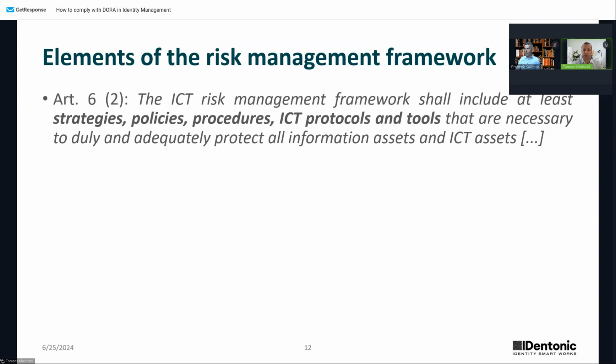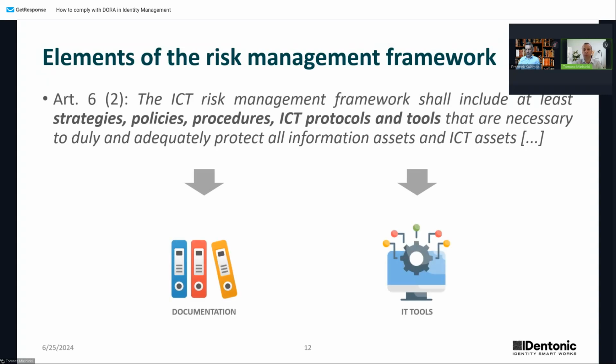These are the things that should be used by an entity to manage the risk, to create the risk management framework. But if we take what it means in practice, it boils down to two things. You need, first of all, to prepare a set of documentation which contains strategies, policies, procedures, and then some kind of IT tools which can realize protocols and automated systems to help manage the risk in the organization.